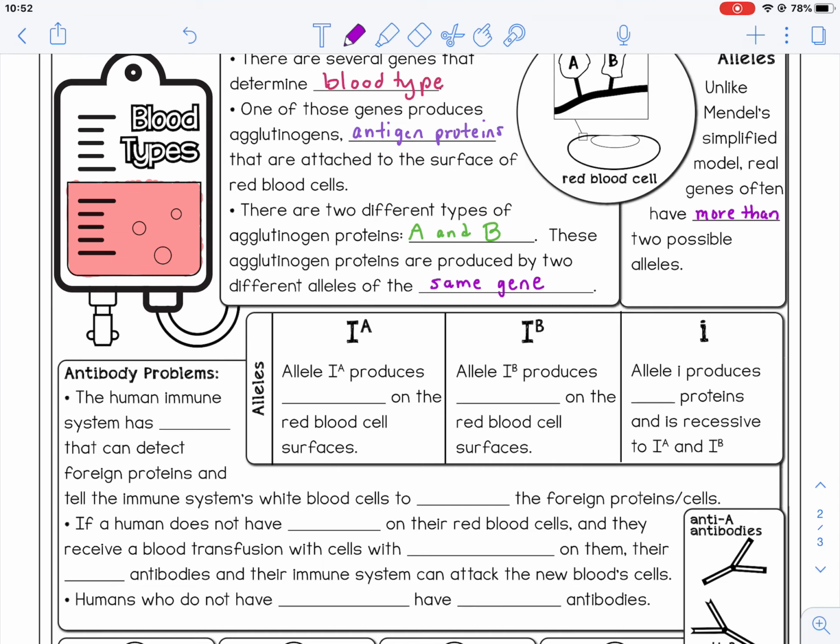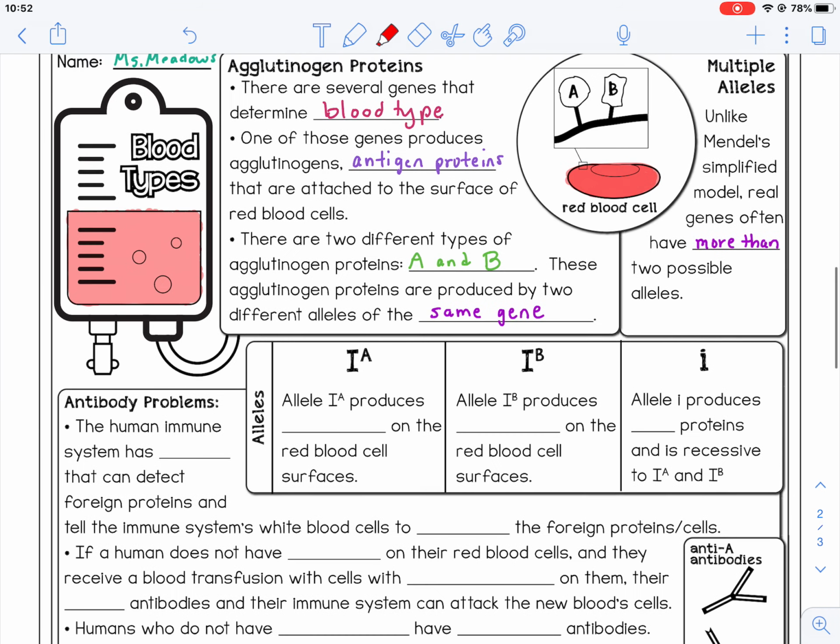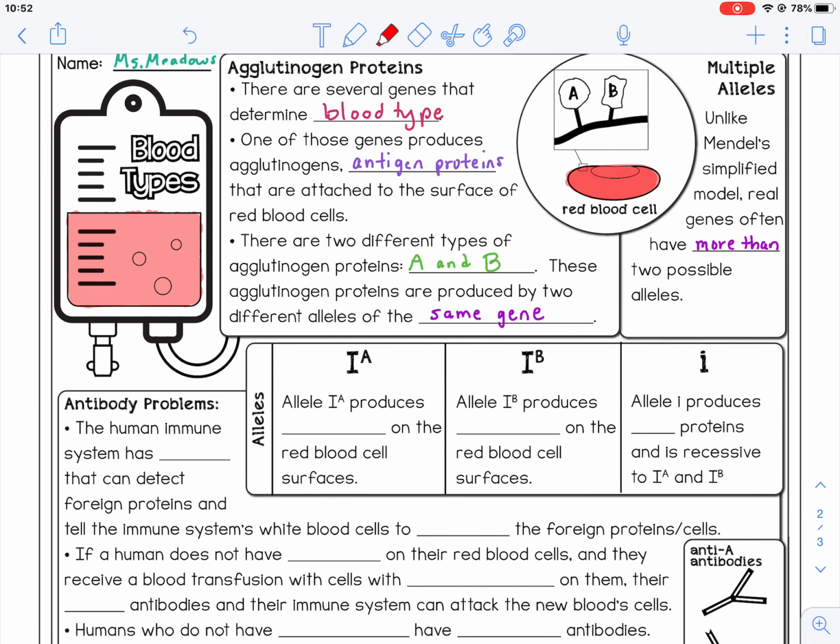And we're going to talk about one of the reasons why it's a good thing to know, and it has to do with the fact that the type of blood you have determines what kind of blood you could receive in a donation if you needed to have blood donated to you.